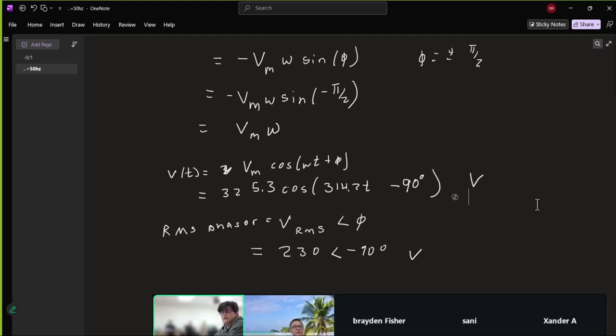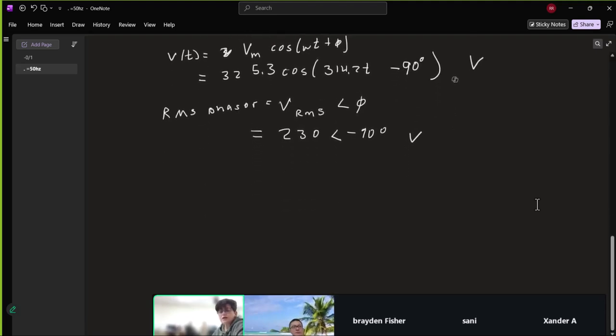Well, it is a way to simplify calculations. This is the RMS phasor for this voltage right here. But this voltage is max.